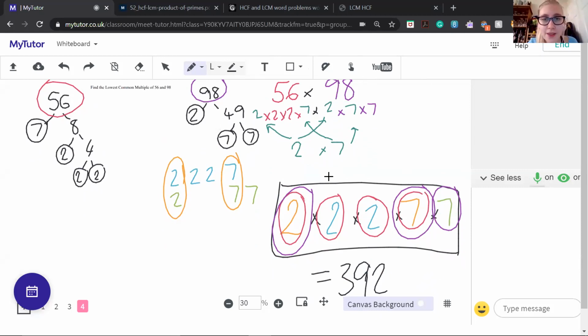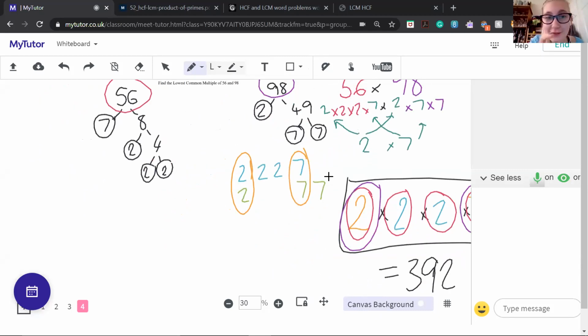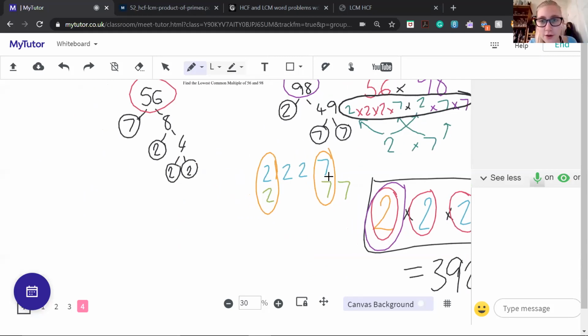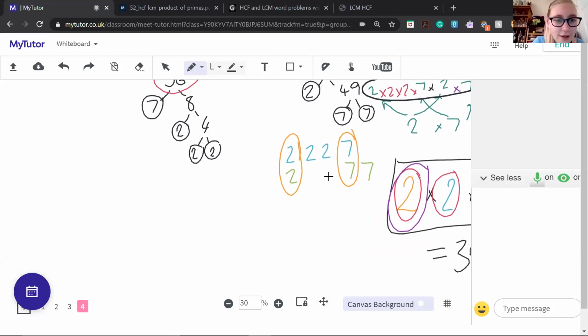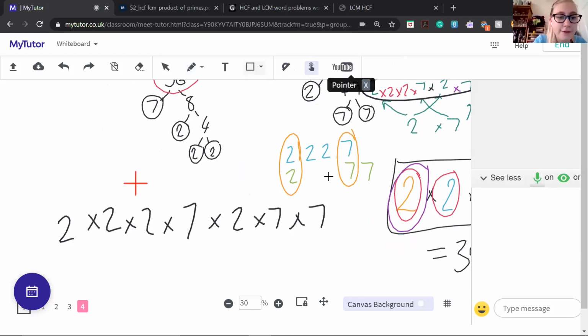I'm really just trying to make sure that everybody watching can get this. So what I'm going to do, just really quickly, is think about this. You know how we said that could be an option, right? If we just take 56 and we times it by 98. So all I've done there is written out 56 times 98.